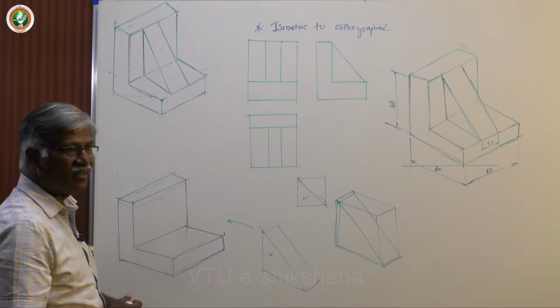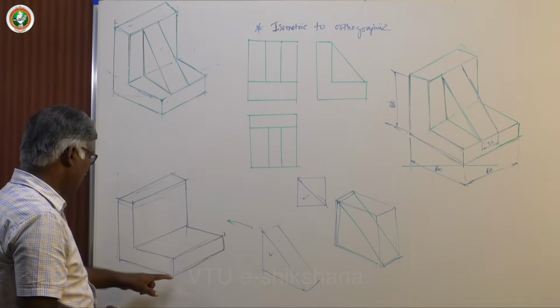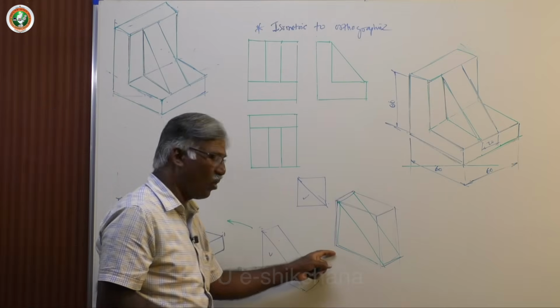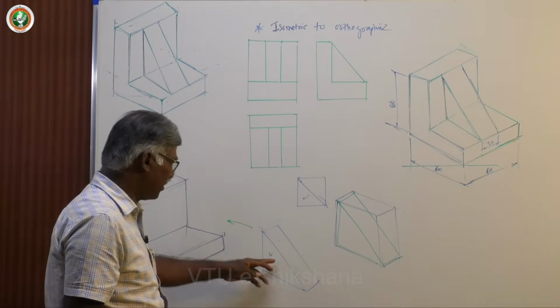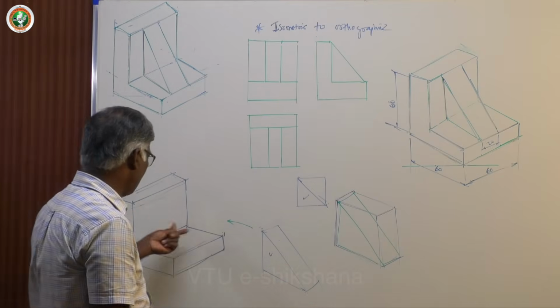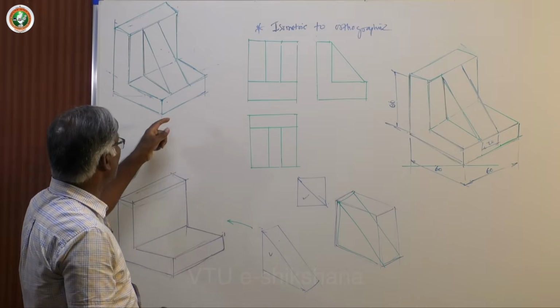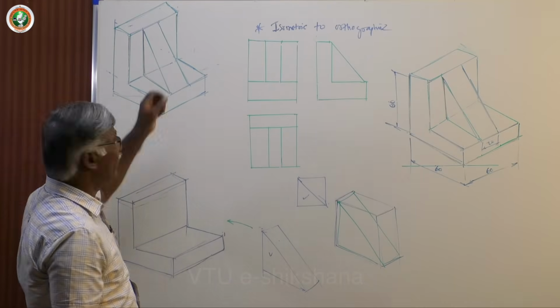Say this L-shape object is 60 by 60 overall, and the 50 by 50 square block is divided into equal halves diagonally. I take the lower part and keep it here. It exactly fits into that.